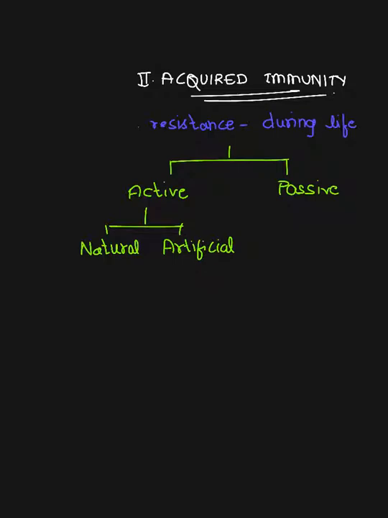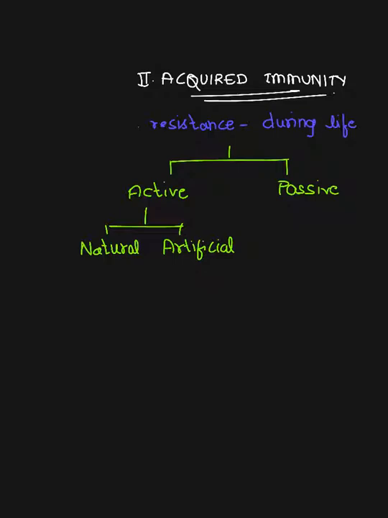So the action produced by this active type of acquired immunity is that it stimulates both the CMI as well as the HMI or AMI. That is, it stimulates the production of immunologically active cells, the T cells, and it also stimulates the B lymphocytes for the production of plasma cells, which in turn will produce antibodies. Okay.